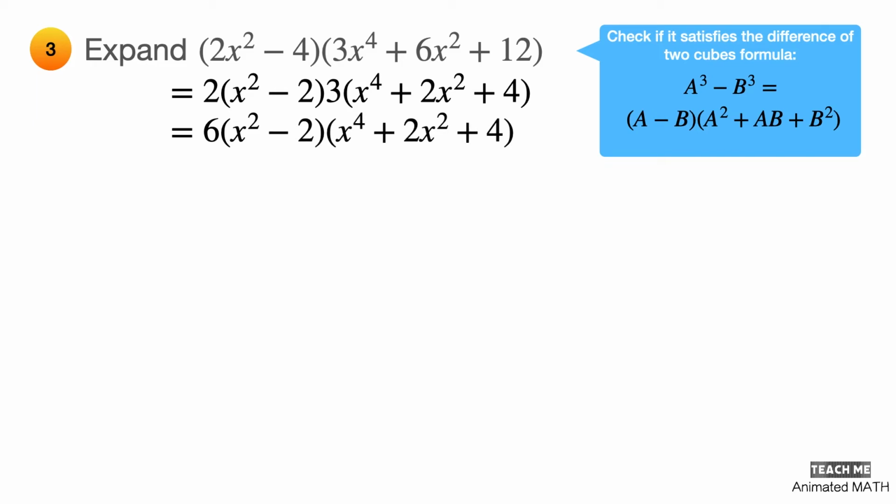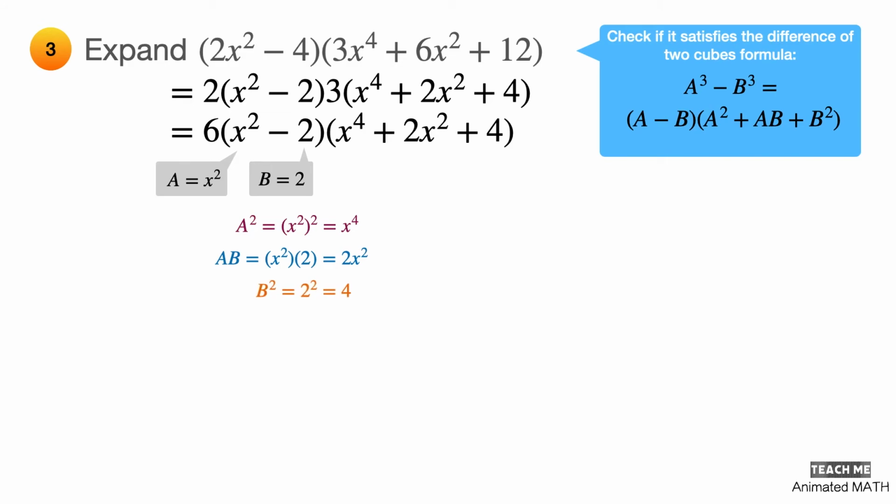Now, assume that a is equal to x squared, and b is equal to 2. Using these values for computation, a squared is equal to x raised to 4, ab is equal to 2x squared, and b squared is equal to 4. And now, the expression follows the difference of two cubes formula.